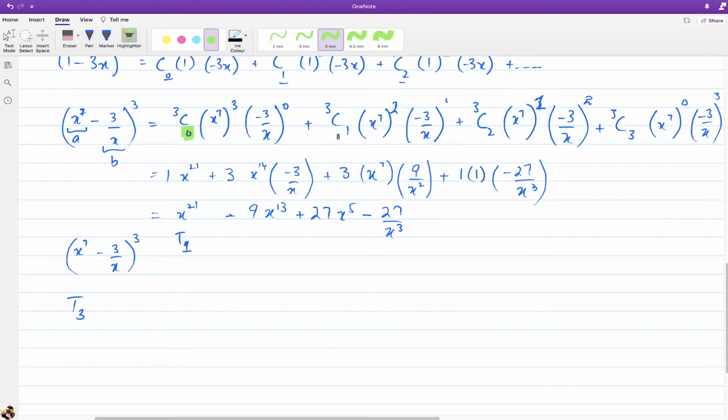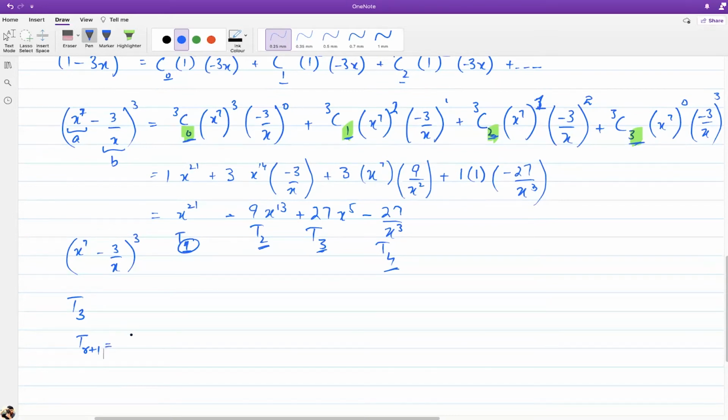Here the value is 0, here the value is 1, here the value is 2, here the value is 3. When the term number is 1, r is 0. When the term number is 2, r is 1. When the term number is 3, r is 2. And when the term number is 4, r is 3. So basically the general term number is always 1 more than r.